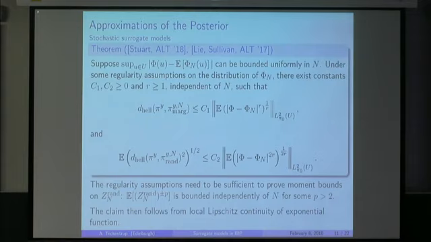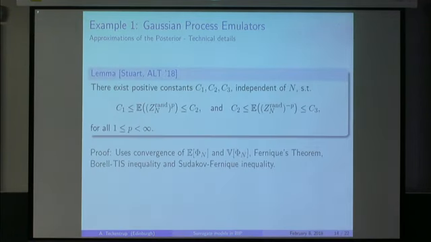So roughly speaking, the r and the p here are conjugate exponents. So the larger you can choose the p, the smaller you can choose r here. Okay. So for the Gaussian process emulators, what we could show is that we have this result for any p less than infinity, which is where we get any r greater than 1 in the previous result.